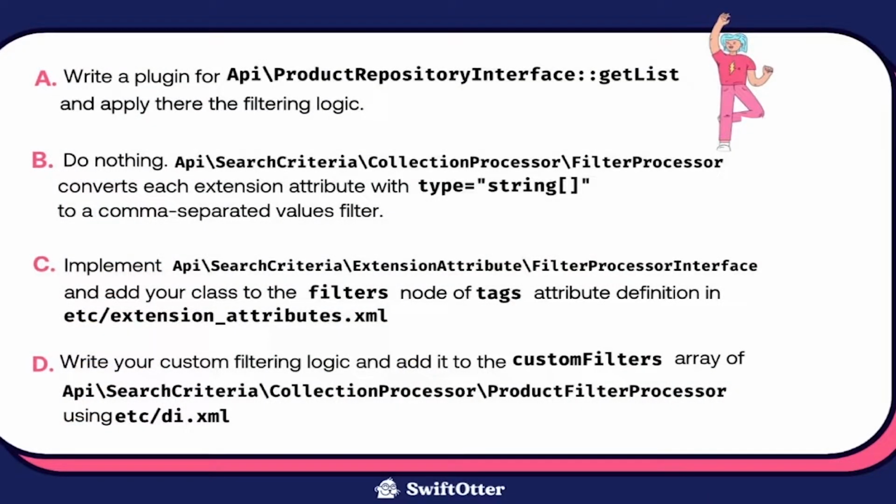All right, let's go back to our answers. Now I would like to try option A: write a plugin for the API product repository interface getList and apply the filtering logic there.